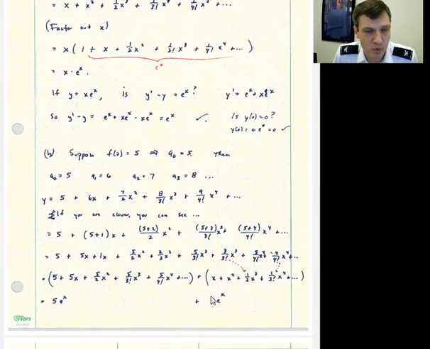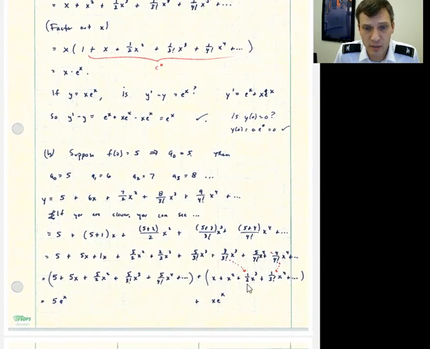And now I can pull out the ones that have the 5s. I have a 5 plus 5x plus 5 halves x squared plus 5 over 3 factorial. That's all this stuff, plus everything else. I had an x, I had an x squared, simplify this. This is 1 over 2 x cubed. Simplify this. This is 1 over 3 factorial x to the fourth.